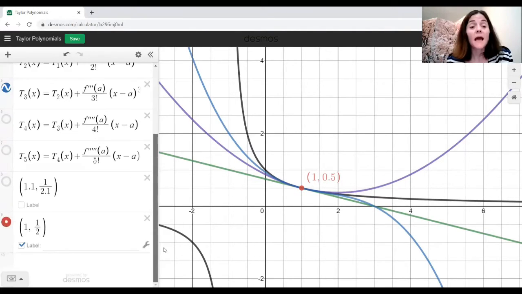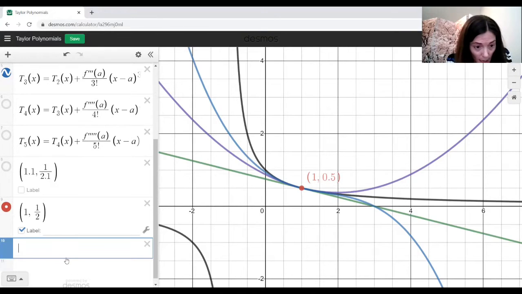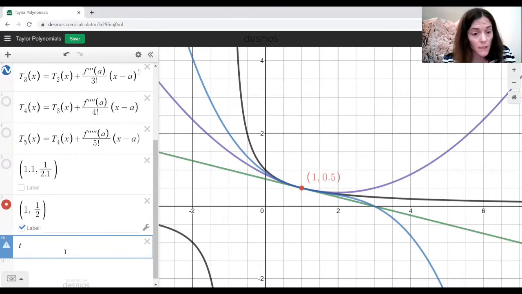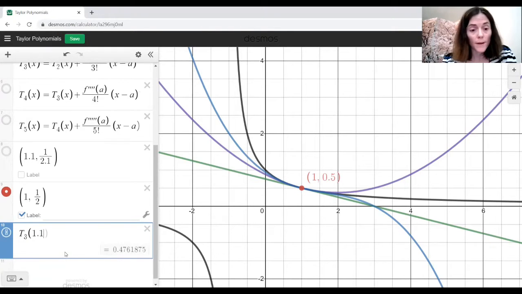Now, I used this to approximate. For example, I can compute this over here on the side. T sub 3 of 1.1. And I showed this on the board. You see the value here. It is 0.4761875, right? Now then, here's this point, which I will now take off my center and take off the label and put this.